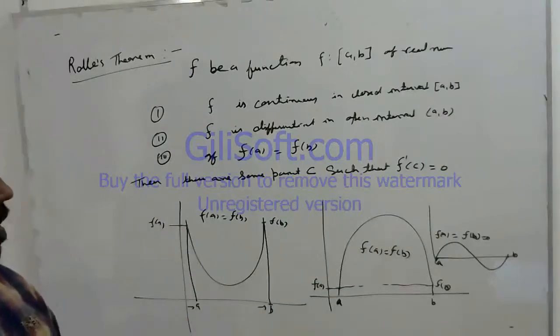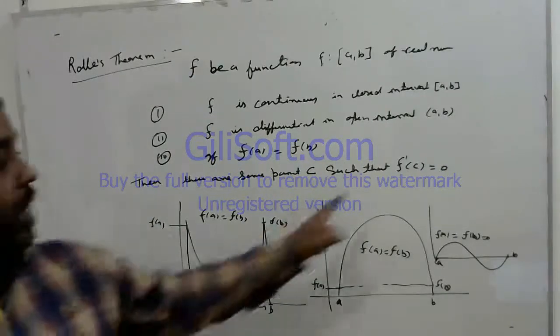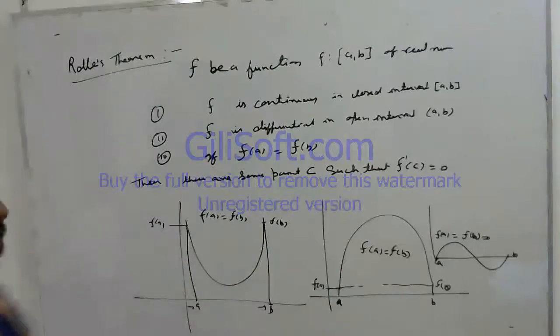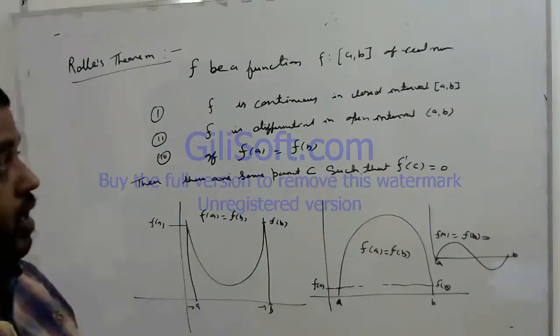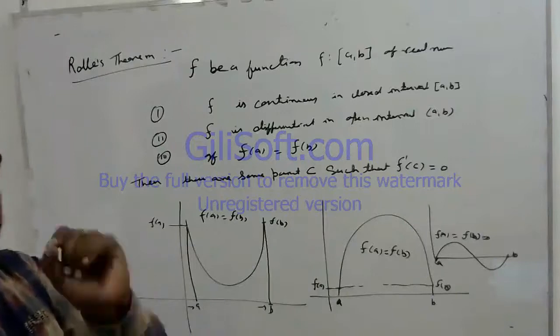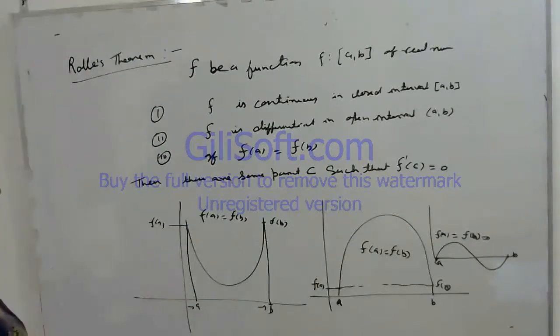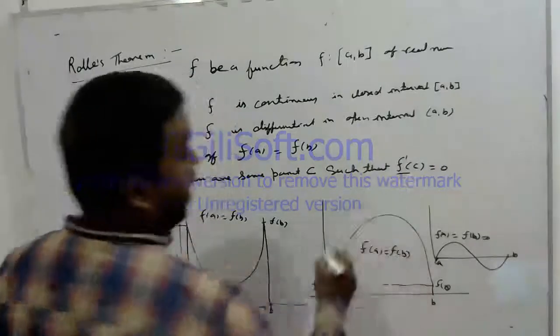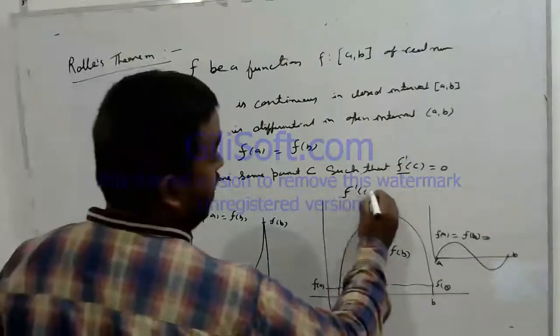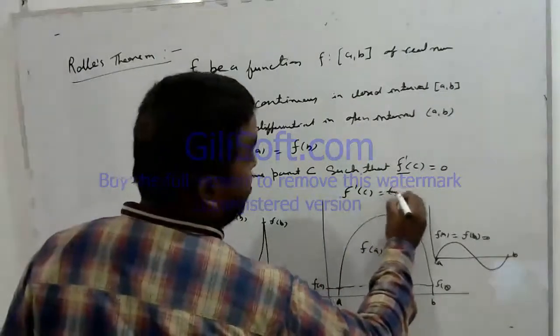Now it is given f dash c is equal to 0. So what do we mean by f dash c is equal to 0? Between this a and b, there must be at least one point c such that f dash c, what does f dash c give us? f dash c gives us the tangent.